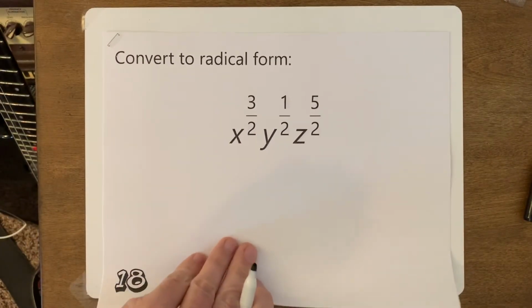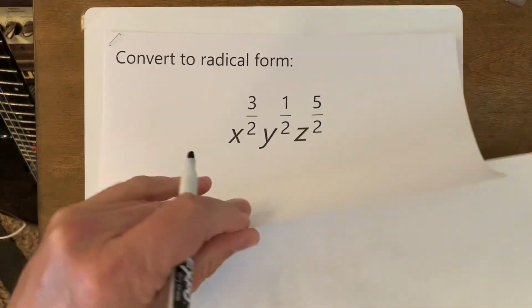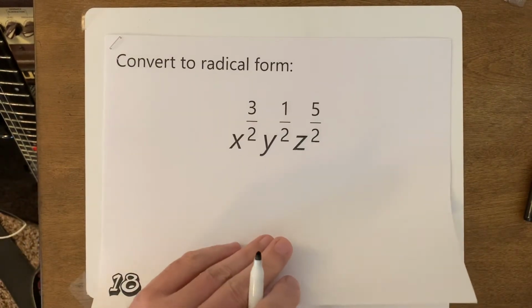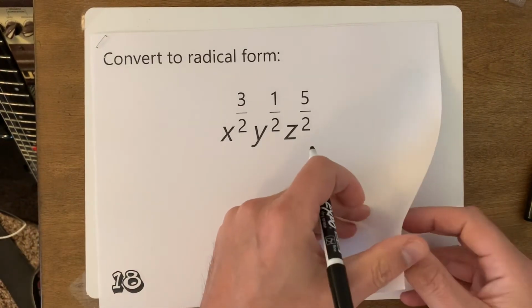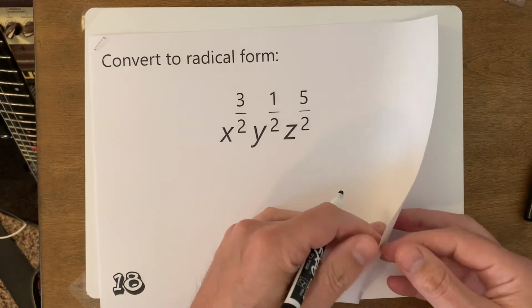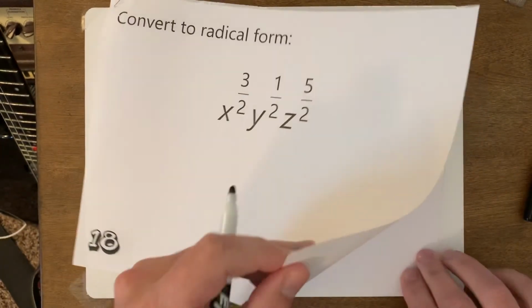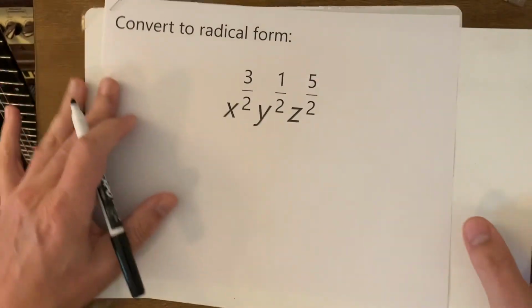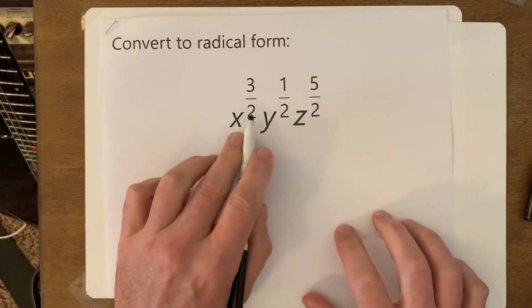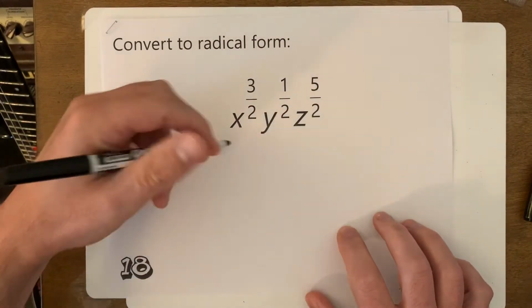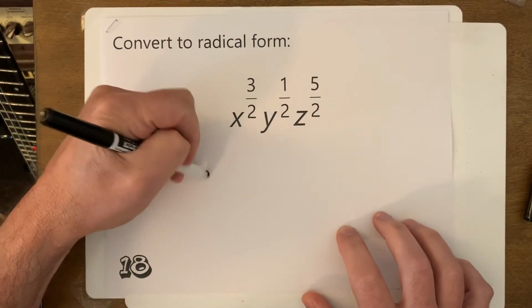Okay, this one now I'm adding on an extra variable just to show you that it's really not that complicated. Okay, so common denominators all the way. So I'm going to get a 2 here.